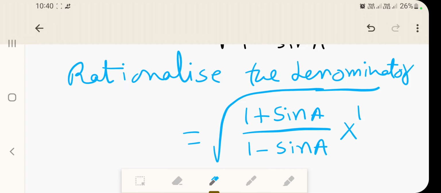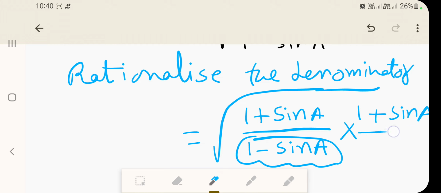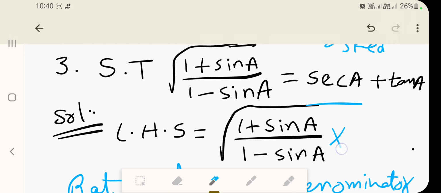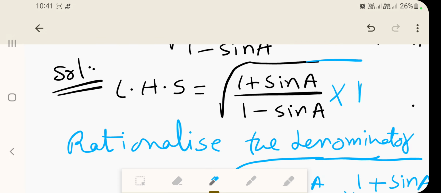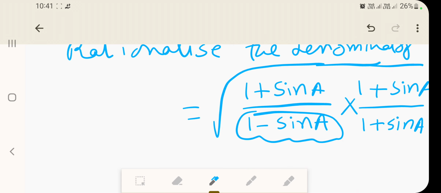That means we multiply and divide with the opposite sign of 1 minus sin A, that is 1 plus sin A. We multiply as well as divide with the same 1 plus sin A, so there will be no effect on the given terms. Suppose we multiply with 1, there will be no change in 1 plus sin A by 1 minus sin A. In place of this 1, we can take 1 plus sin A divided by 1 plus sin A. If you cancel, it will be 1.